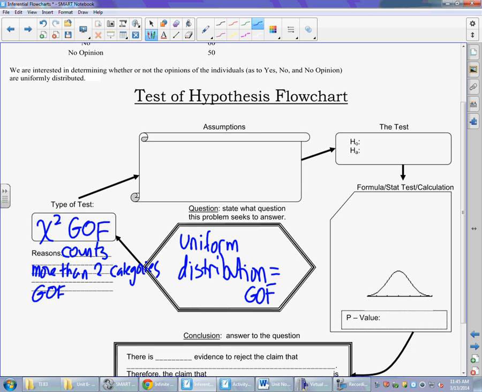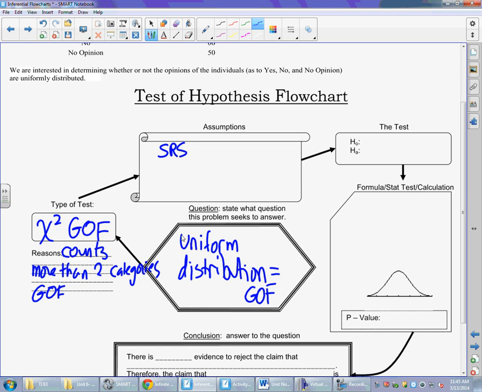All right, so my null hypothesis, oh, I'm sorry, we're not there yet. The assumptions, right? So that's where our cheat sheet comes into play. Again, you look at the back and you see that there's a lot of similar characteristics among the different types of hypothesis tests. The simple random sample is always going to be there. We have to make that assumption.